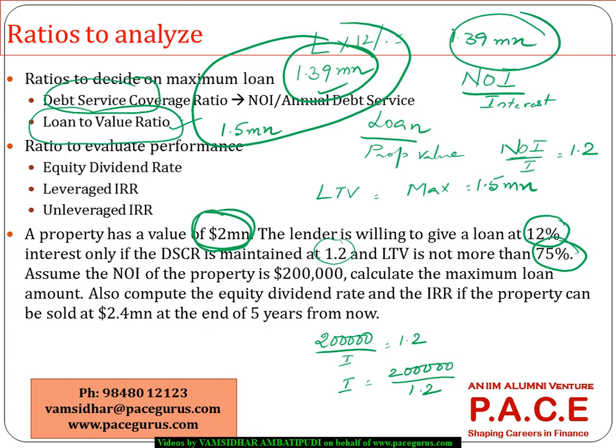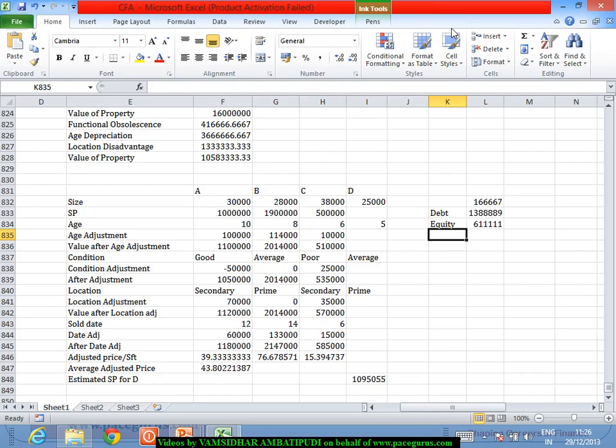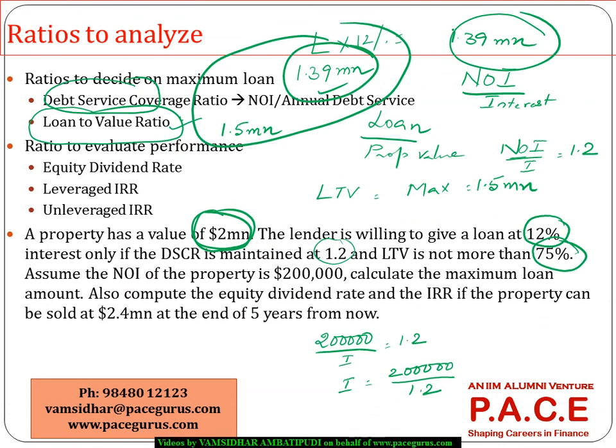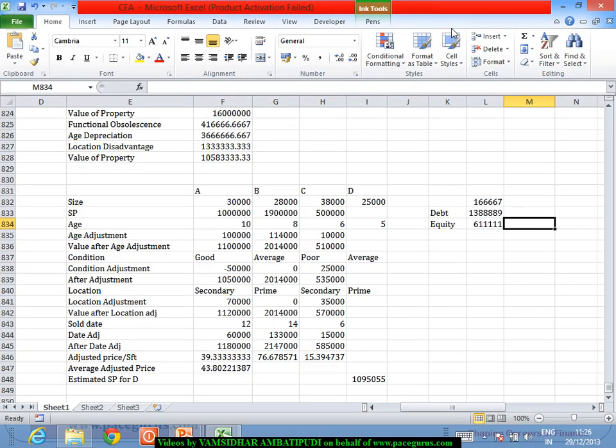Let's say I want to find the equity dividend rate. As an equity investor, I am investing this much, and I want to know how much I am getting every year. The NOI is 200,000.